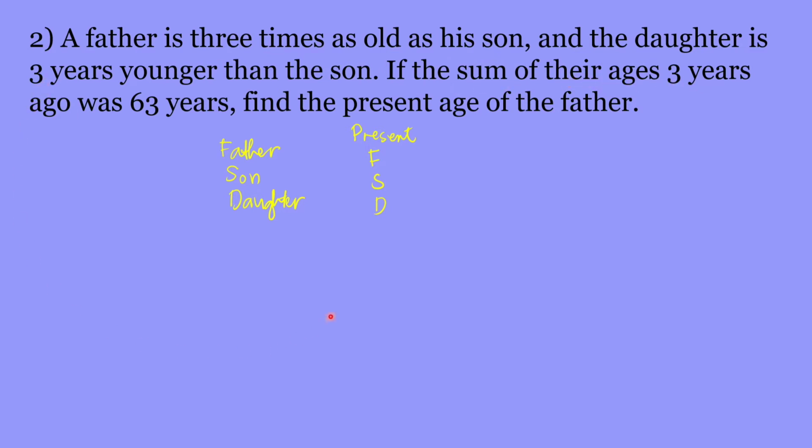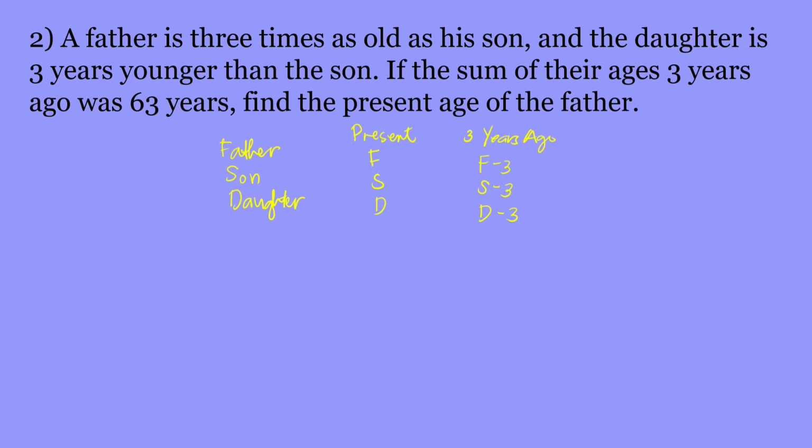Now, 3 years ago, it means minus 3, so the age of the father is F minus 3, the son is S minus 3, and the daughter is D minus 3. Alright? Now, again, let's go back to the problem so that we can now write the equation.